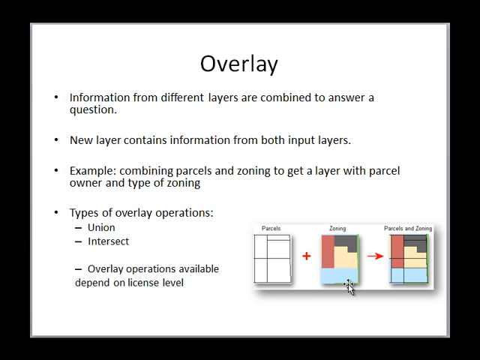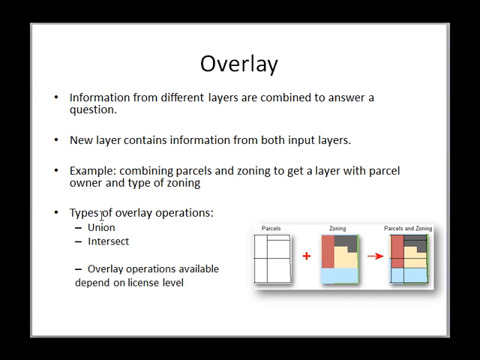For this simple example, it's easy to look at and say, well, I can just look at the data and see. But if you had, say, 200,000 parcels and you wanted to make a layer that had zoning type on every parcel in the attribute table, an overlay operation would be how you do that.